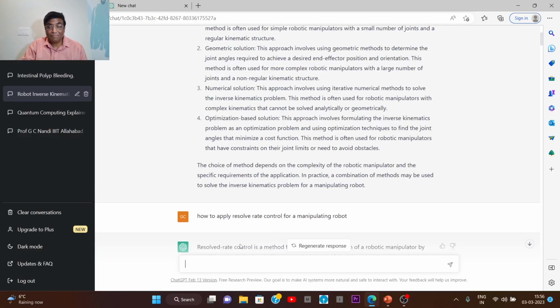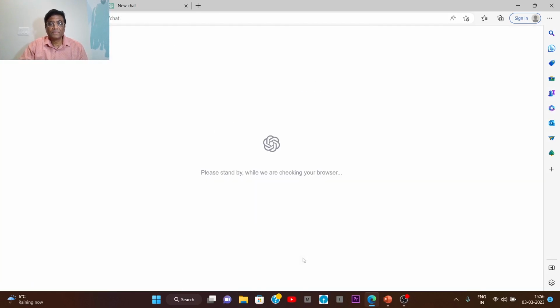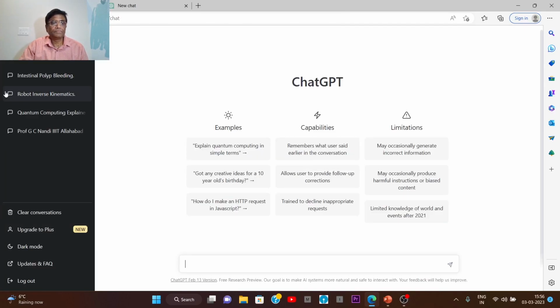So now let us see if I ask it: write Python code for a two-link robot manipulator. Let us see what it is doing.